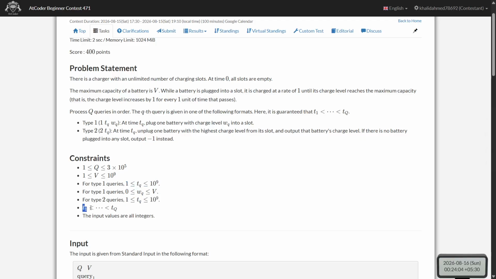All the queries come in increasing order of time. The input values are all integers.